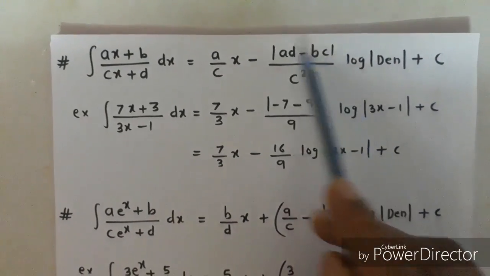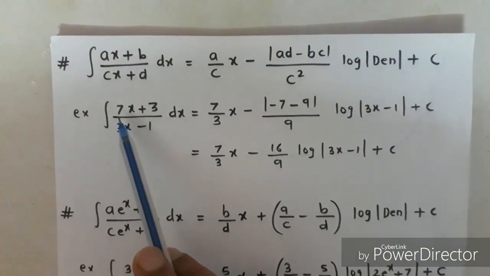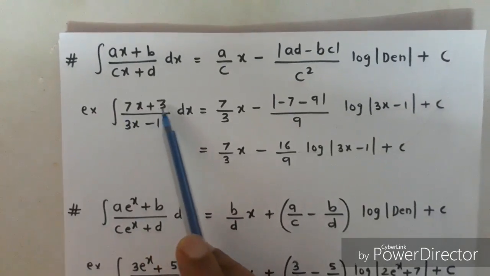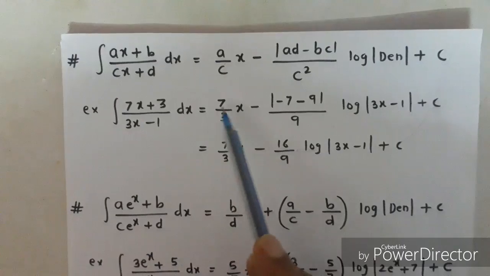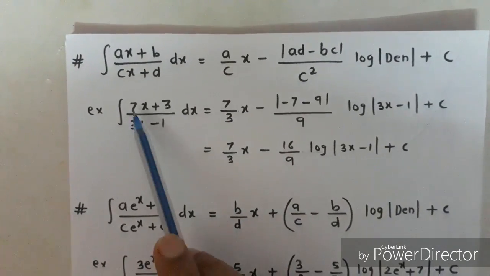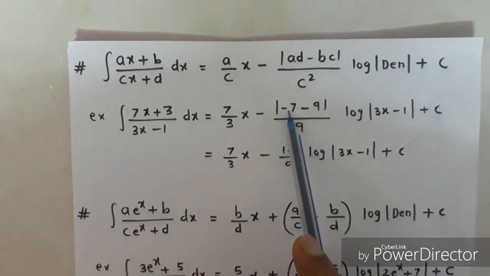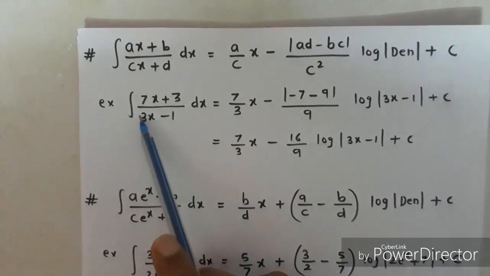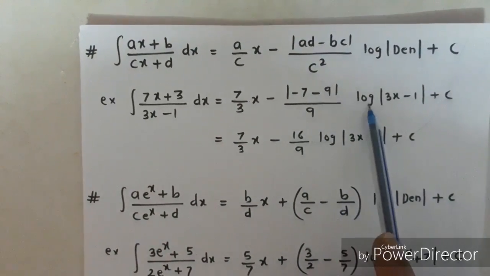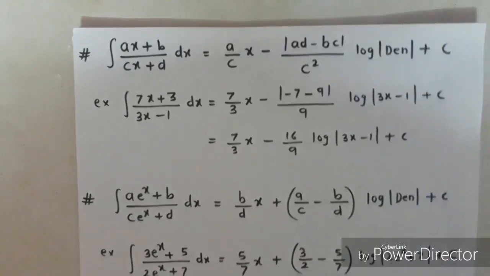Remember to put this in modulus sign. For example, we have integral (7x plus 3) divided by (3x minus 1) dx. So 7 by 3 into x, minus 7 into minus 1, which is minus 7, minus 3 into 3, which is 9, divided by 3 square, which is 9, into log of denominator.